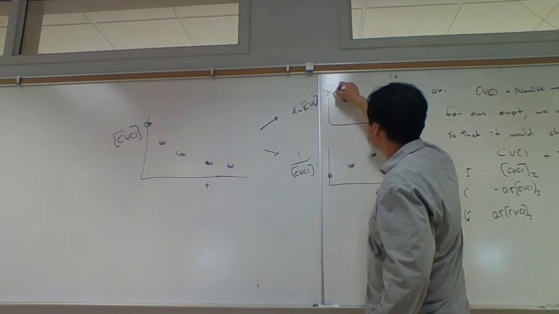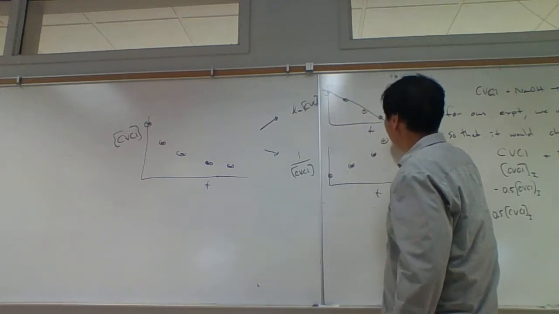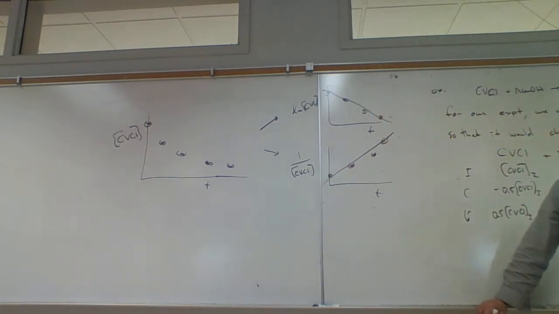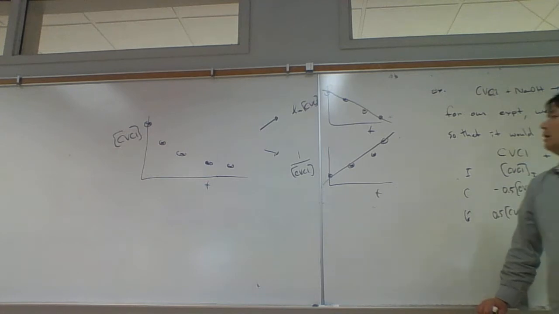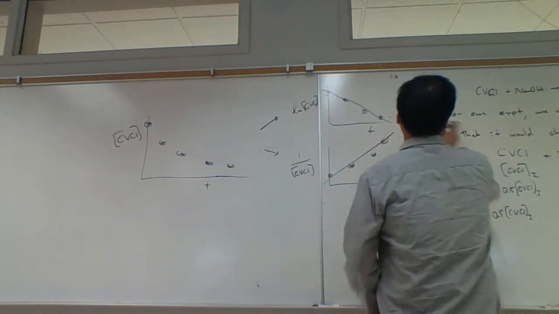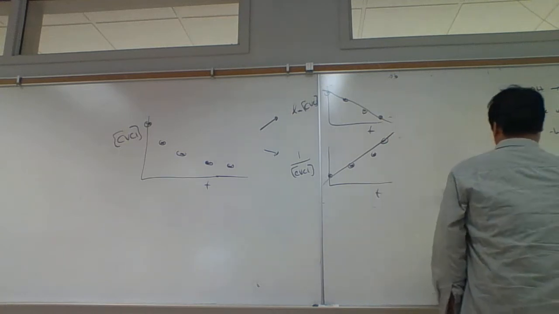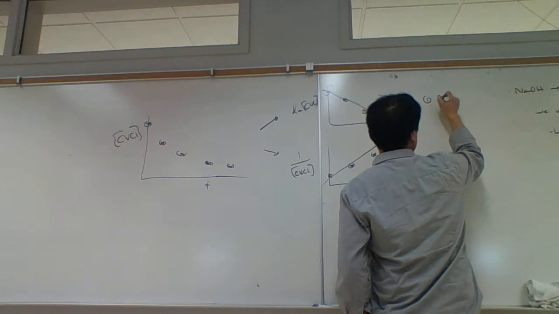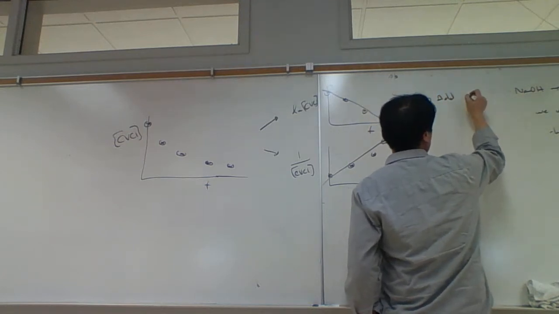And then we fit these with a linear trend line. In Excel, we can do that. And they're both going to kind of look linear. In Excel, we add a trend line by right-clicking on a data point.